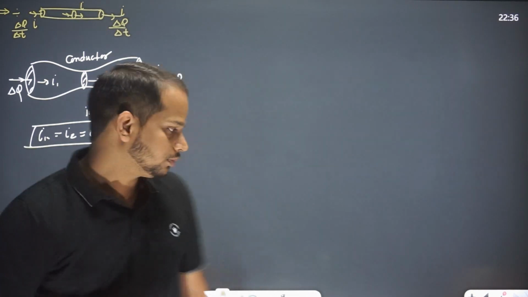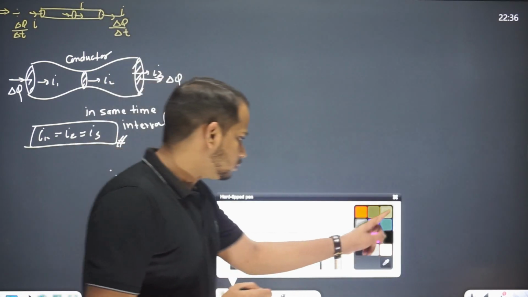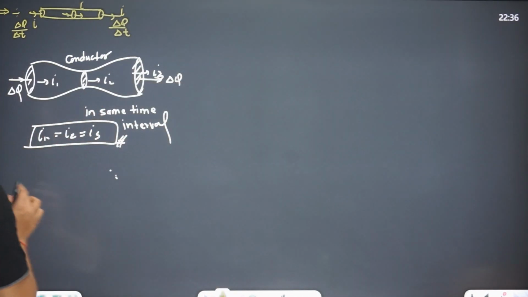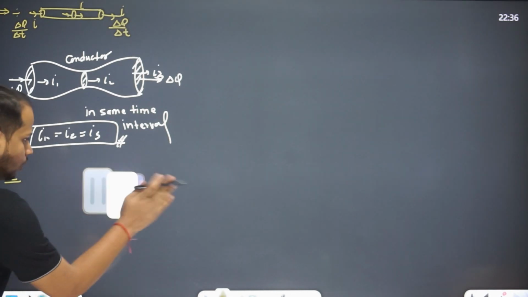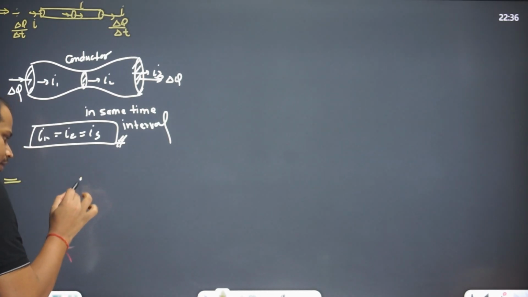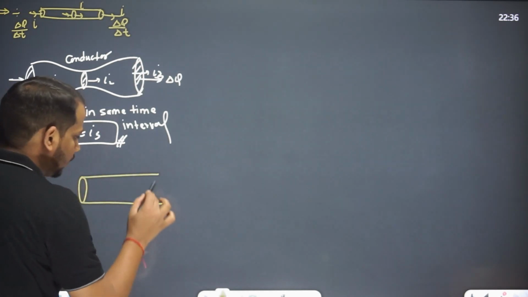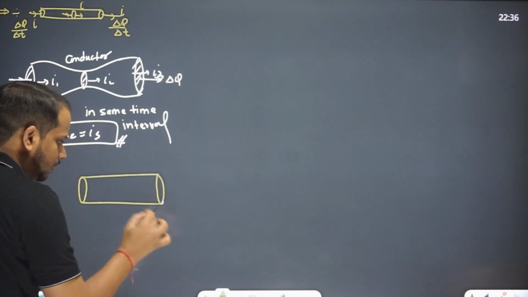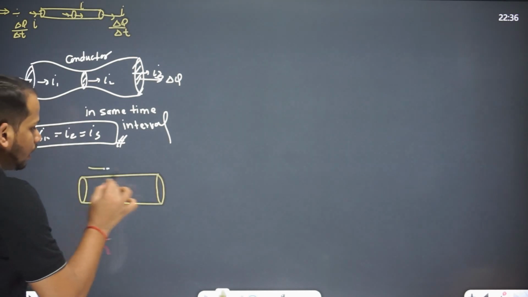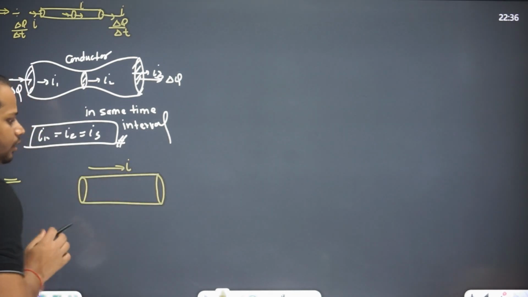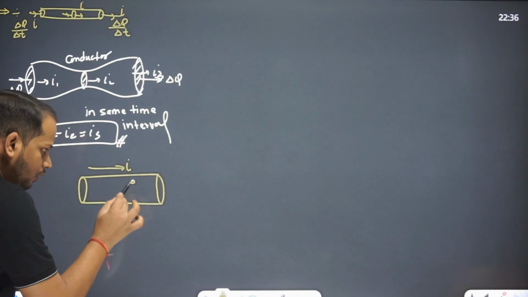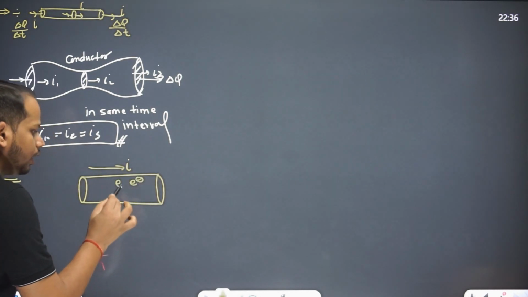Now let's see here. This is the area we have. One thing I want to ask you: this is the conductor we have, simply a conductor. If the current is flowing along this direction, do you know which particles are actually flowing? What is the reality? Electrons are flowing.